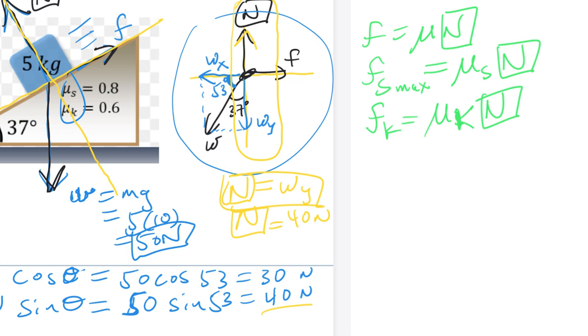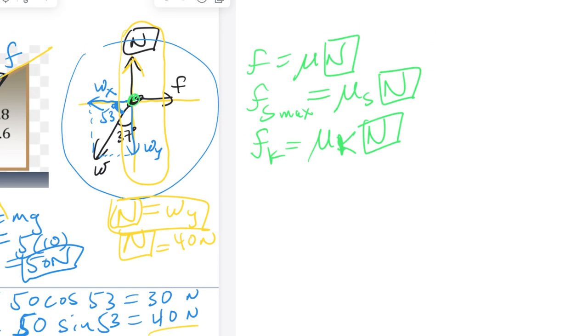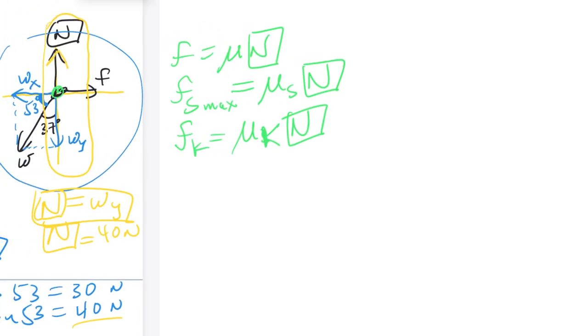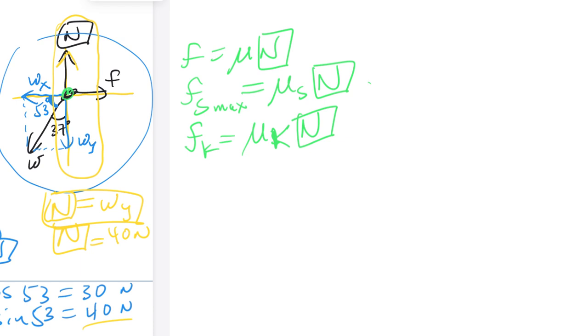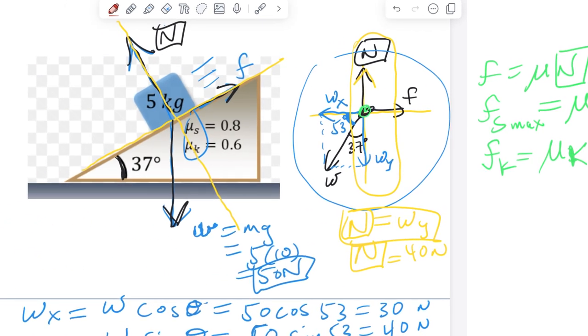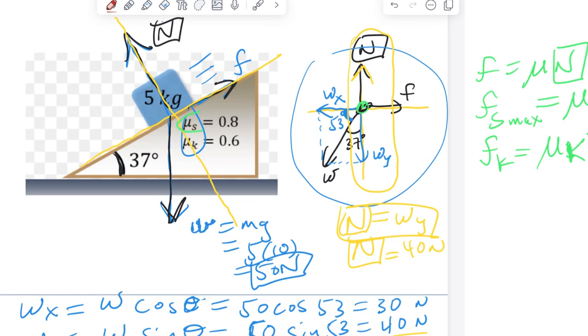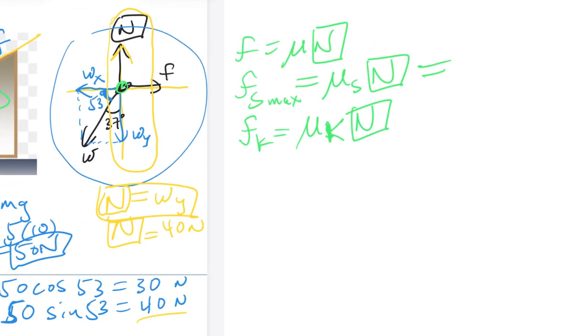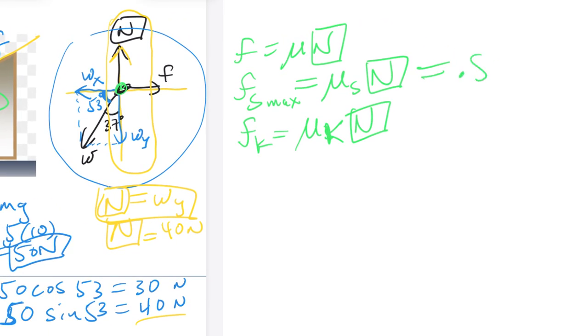Well, how do I know if this block right here is moving or at rest? That's what we're going to do right now. But first of all, let's find what Fs max is. Mu s was given over here. The coefficient of static friction is 0.8.